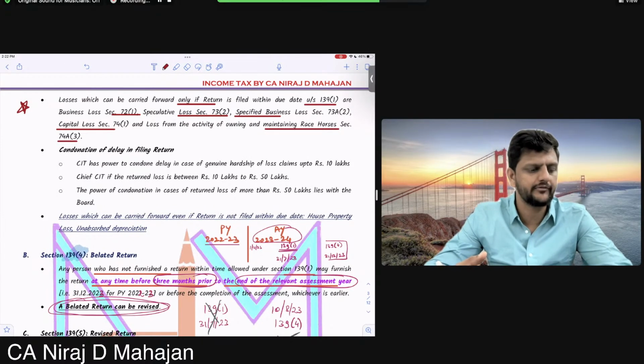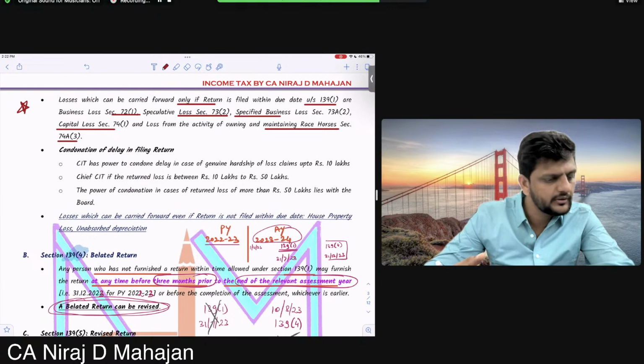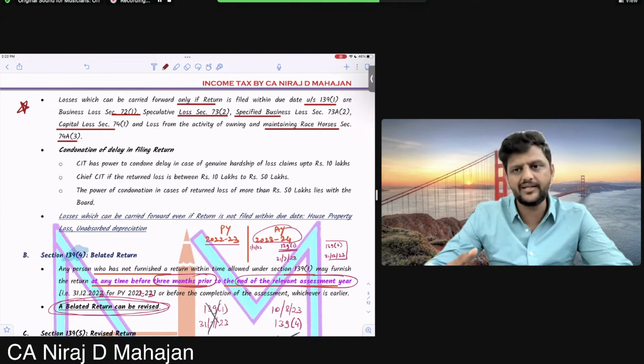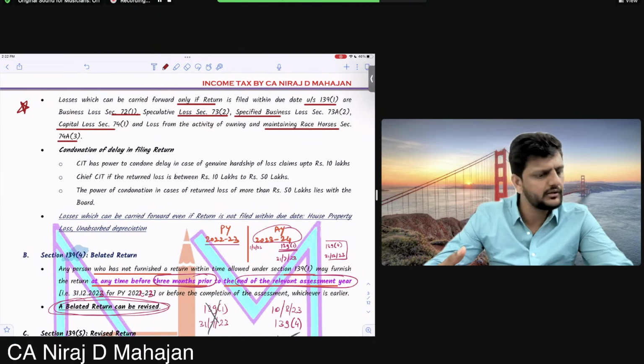These losses can be carried forward only if our ITR is filed within 139.1. Divya, this is the second last chapter of income tax. After that we will be starting.